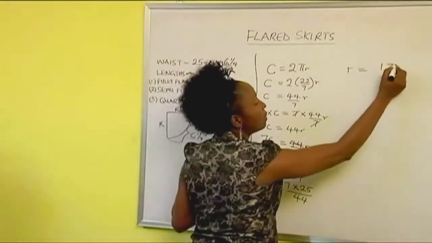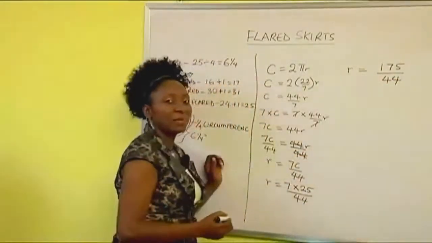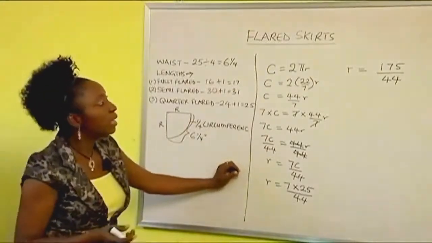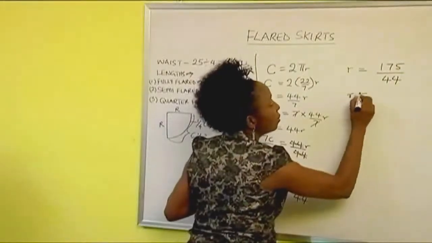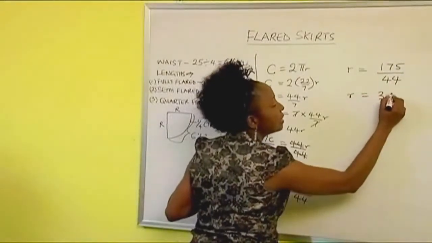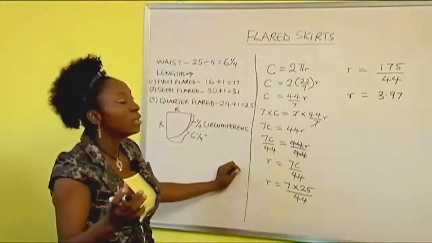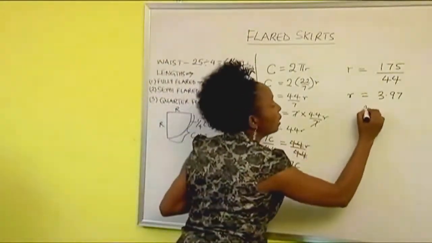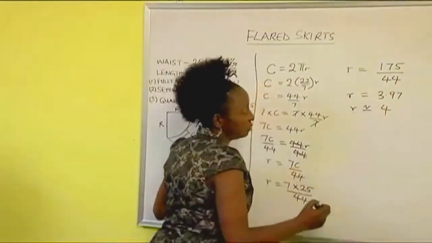You get 175 divided by 44. Now just take a minute and try and calculate that with your calculator or with your phone. And r will give us 3.97. You can see it's very, very close to 4. So I'm going to just approximate it to 4 inches.